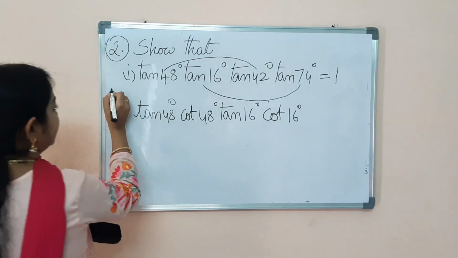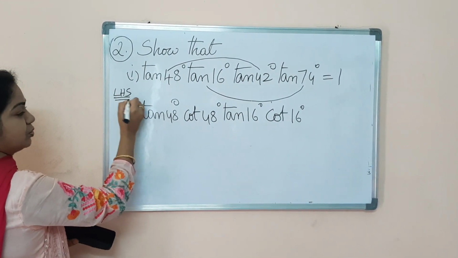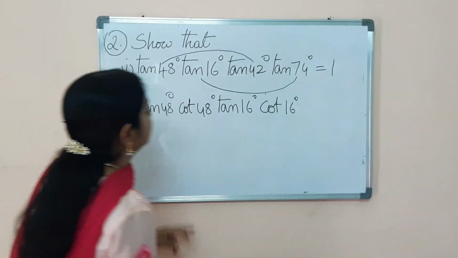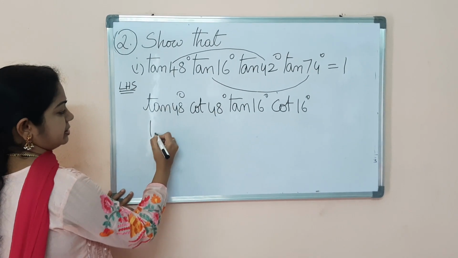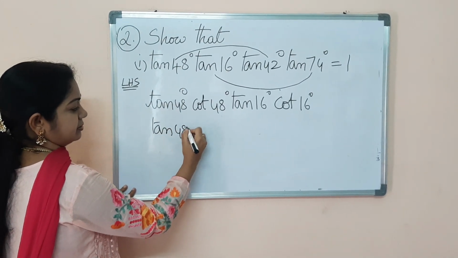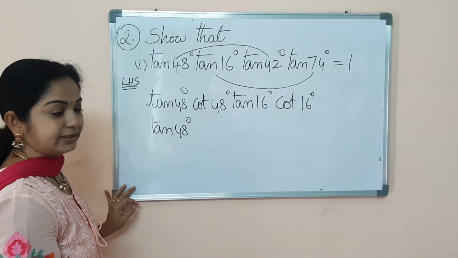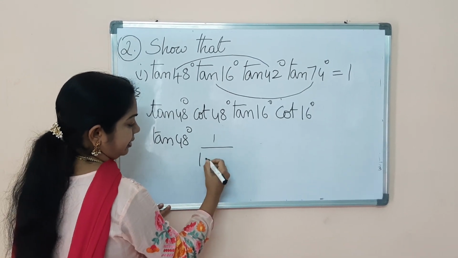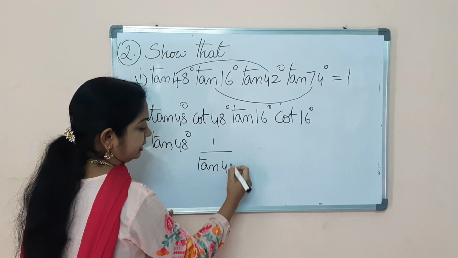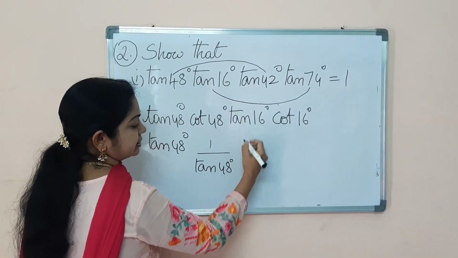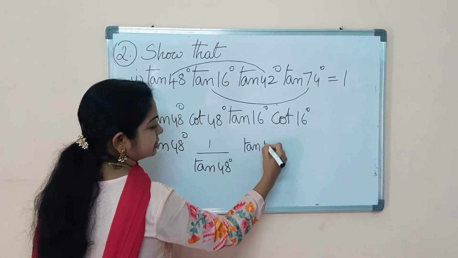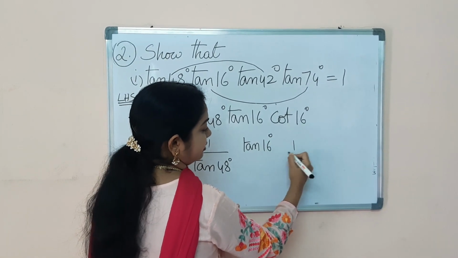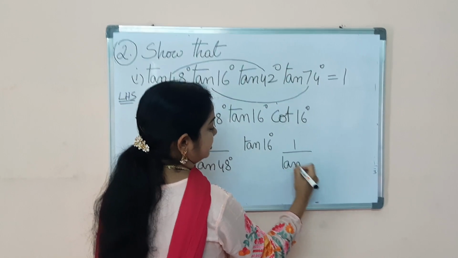So let me take this LHS, because we have to show that this value comes up to 1 in the RHS. Now this tan 48 degrees, and here cot 48, the reciprocal of cot 48 is 1 by tan 48, the multiplicative inverse. Next tan 16 degrees, again cot, I am changing it to tan 16 degrees.